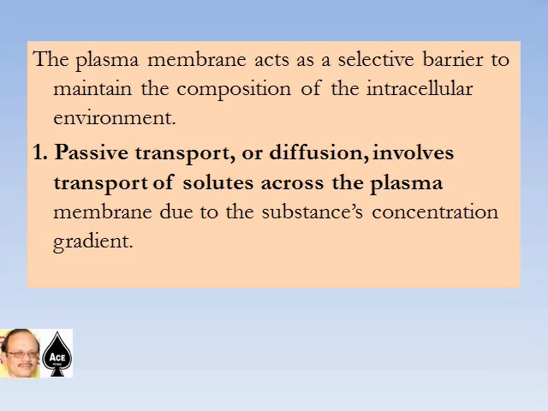Plasma membranes act as a selective barrier to maintain the composition of the intracellular environment. Passive transport or diffusion involves transport of solutes across the plasma membrane due to the substance concentration gradient.